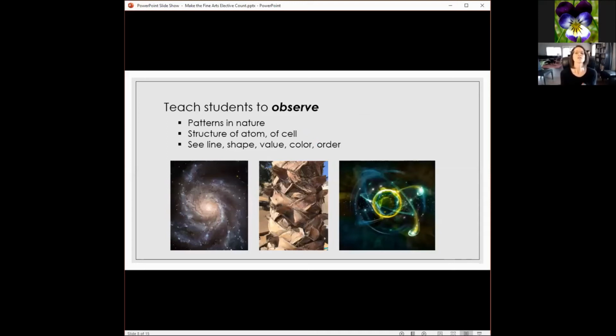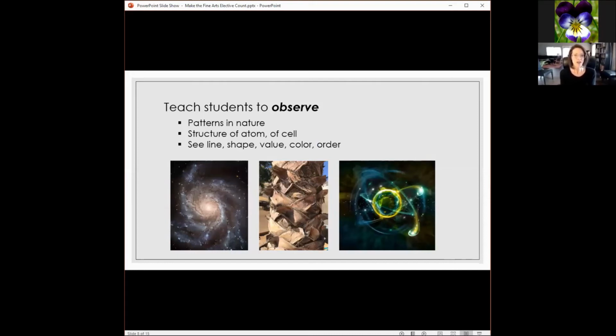We teach students to observe. This is part of the seeing. There is so much wonder and beauty in our world, especially in our created universe. We want students to open their eyes.